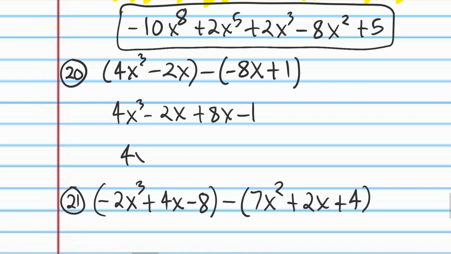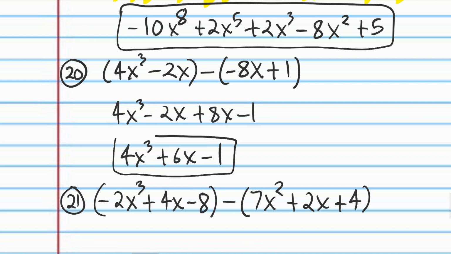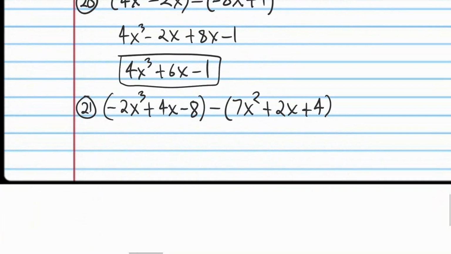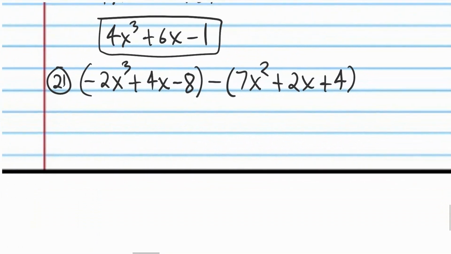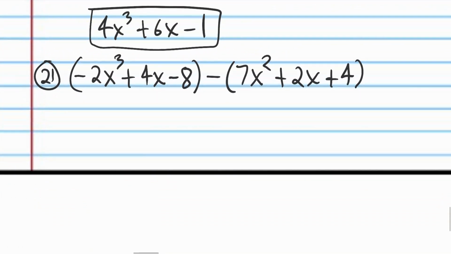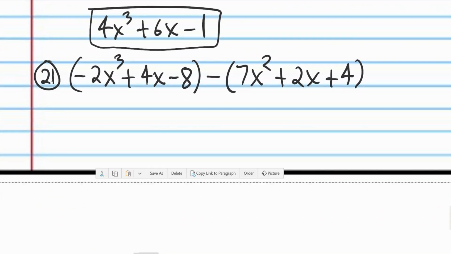And there's really not much to do as far as simplifying. We can just add the inner terms, and there you go. So if you got that answer, good job. All right, one more of these subtraction problems. Try 21, and when you're done, we'll do it together.